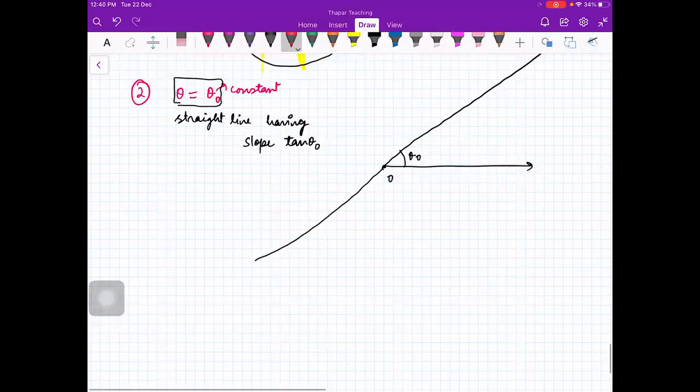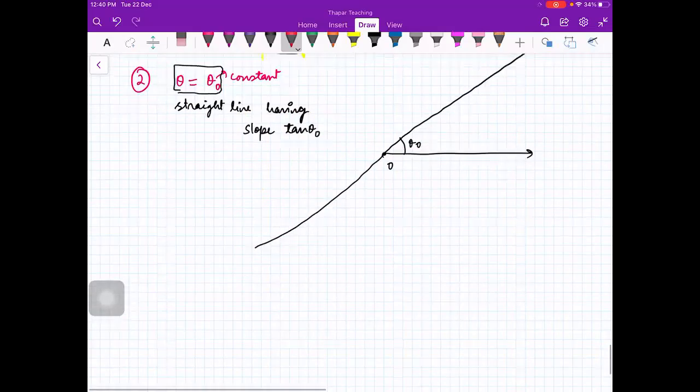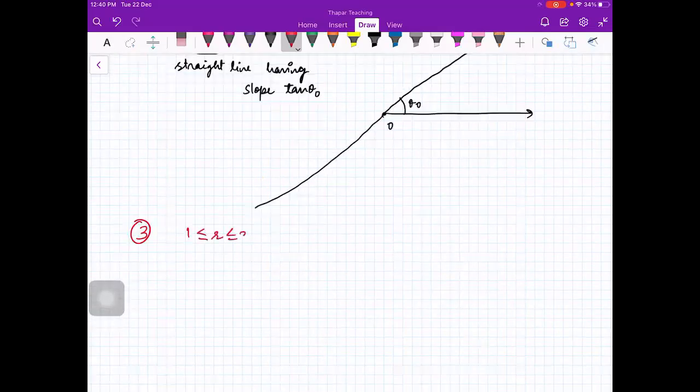Okay, now you tell me what this region is, because in integration we need to plot the regions. What is this region? 1 ≤ r ≤ 2, 0 ≤ theta ≤ pi by 2. Can you tell me? Ma'am, circular sector. Yeah, we'll make r = 1 and then r = 2, theta from 0 to pi by 2.